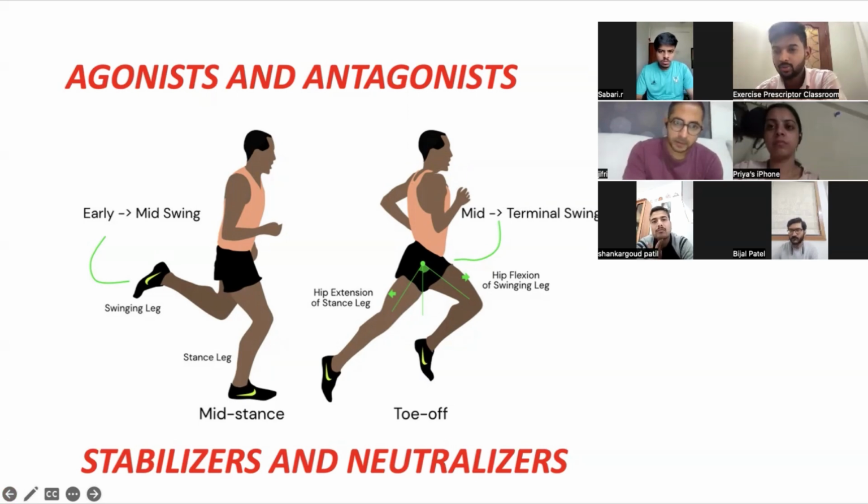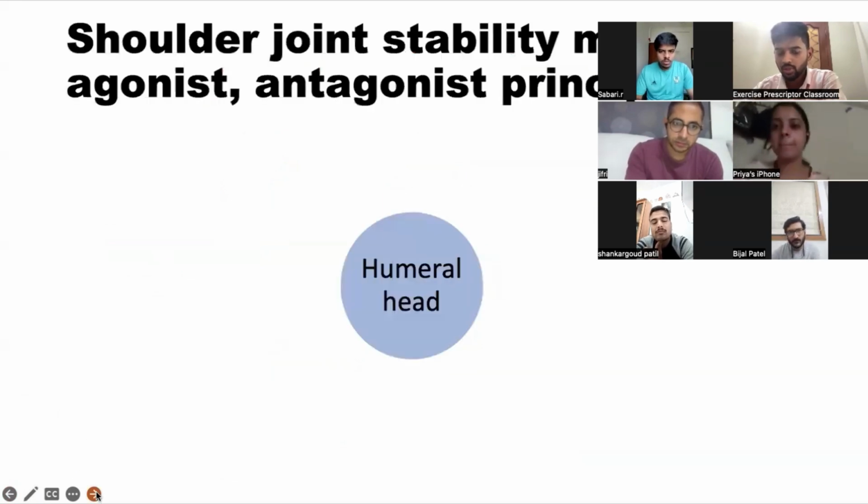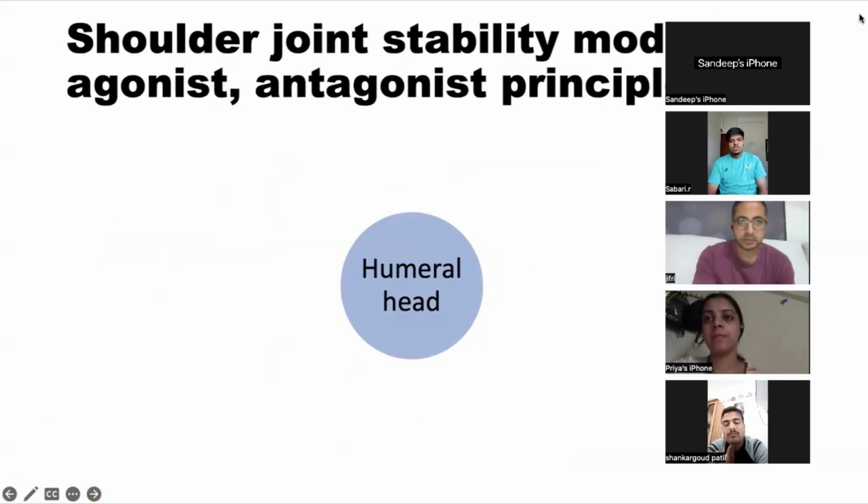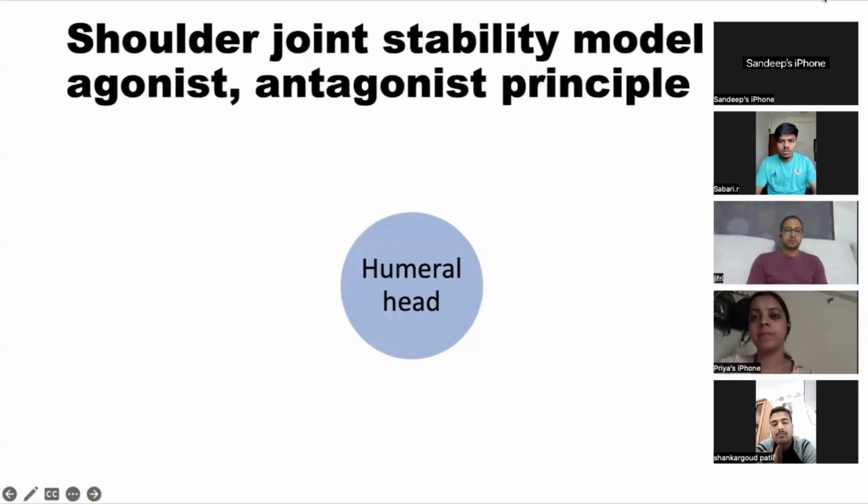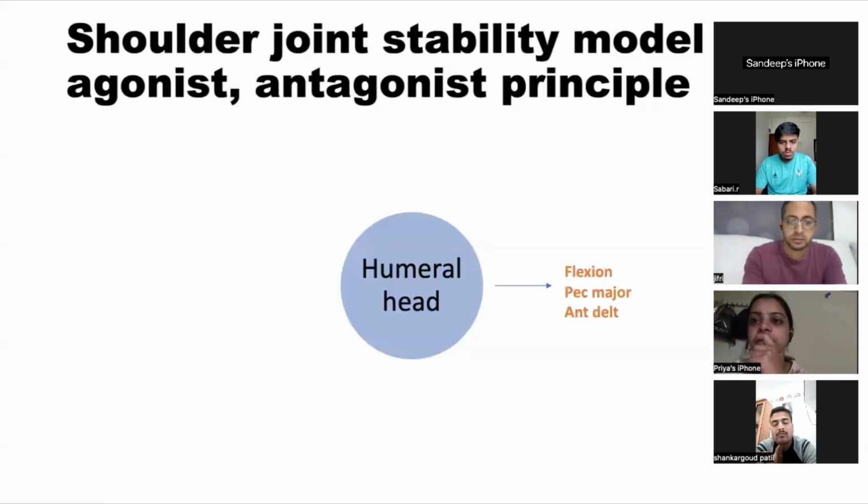Before moving to the most important part, I'll give another example of the shoulder about agonist and antagonist. Let's see the shoulder joint stability model and the agonist-antagonist principle. With the humeral head there, what could be the flexors of the shoulder joint?